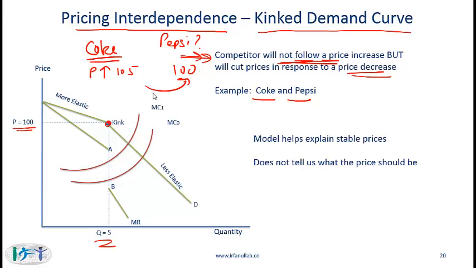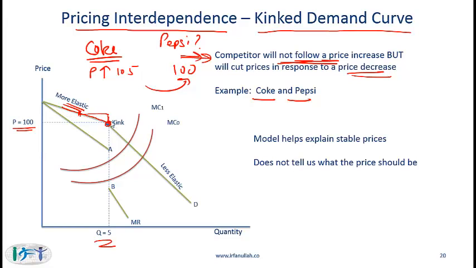Consumers will switch to Pepsi. So what will happen to the demand for Coke when the price is increased? The quantity demanded will decrease substantially because consumers now are moving to Pepsi. Therefore, this part of the demand curve is quite elastic.